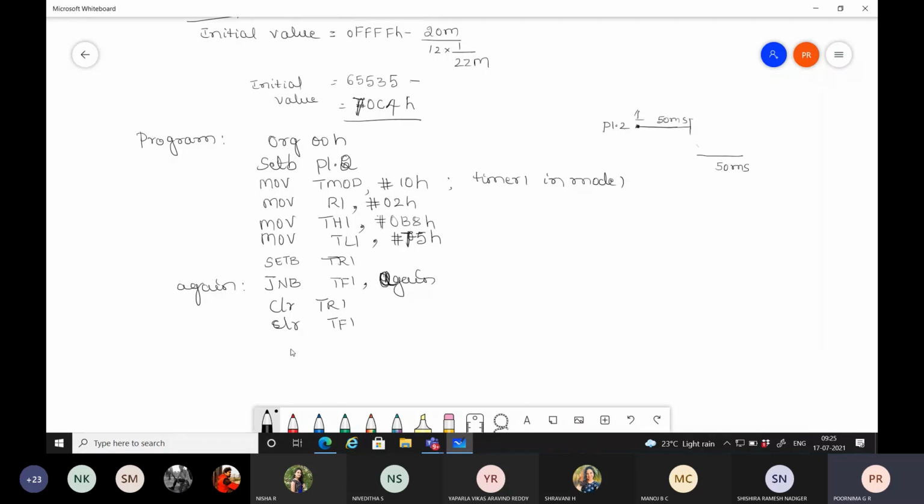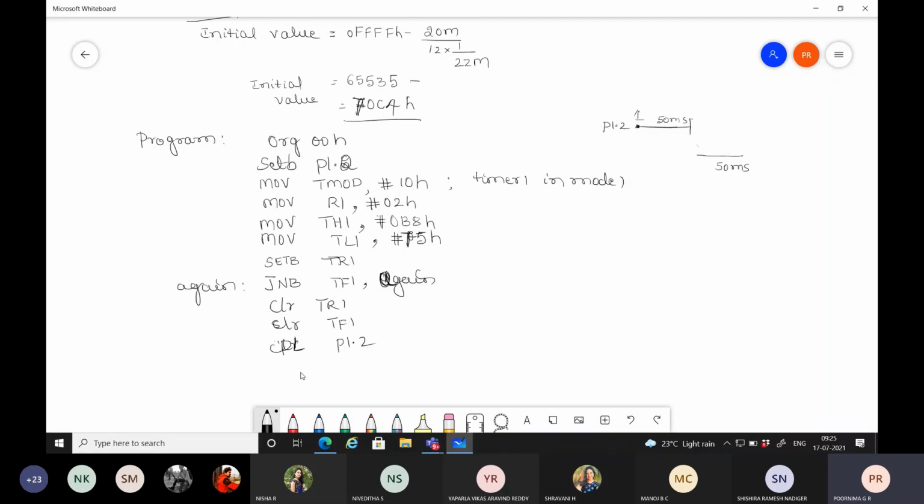Again this has to be repeated for the off time also. But for the off time, what is the value that you are supposed to send to port 1.2? It is 0. So what do we have to do? It is CPL, complement P1.2.